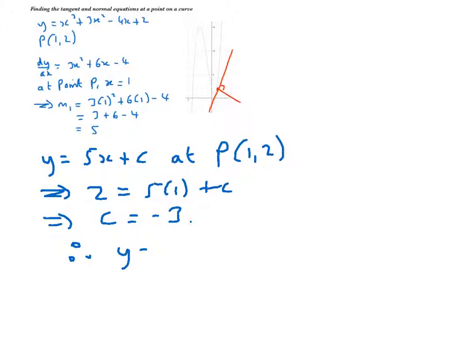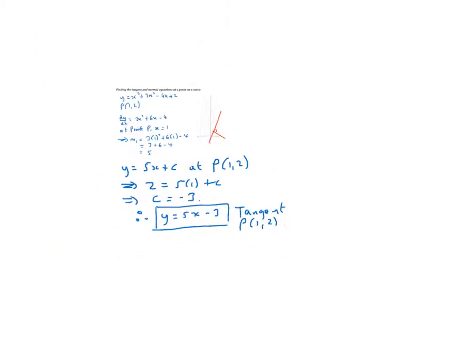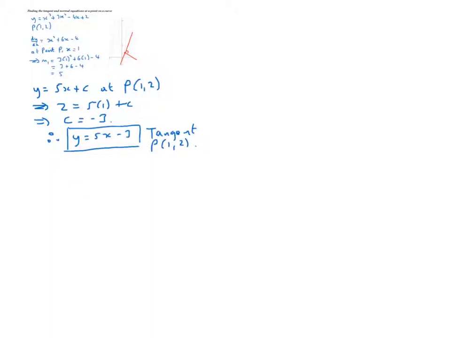So my tangent equation of this curve at the point (1, 2) is y equals 5x minus 3. In an exam, I would draw a little box around that, and I would label that tangent P (1, 2).